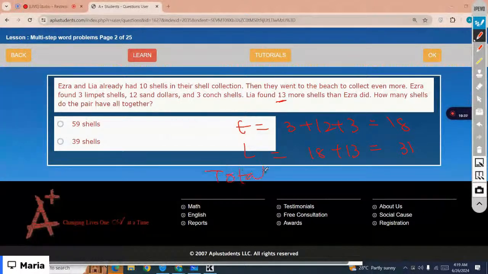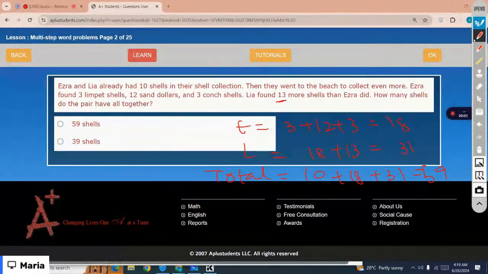They already have 10, Ezra has 18, and Leah has 31, so we add them. The correct option is 59 shells. That means they have in total 59 shells.